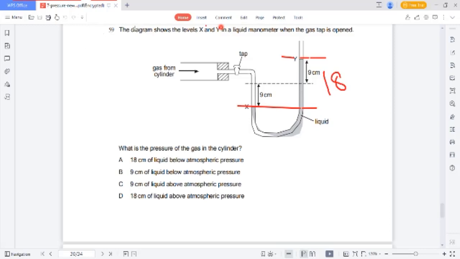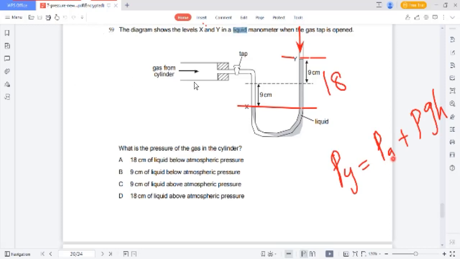And we know that at the same time, atmospheric pressure is also acting in the downward direction, and the gas pressure would be equal to atmospheric pressure plus rho g h. What is the pressure of the gas?